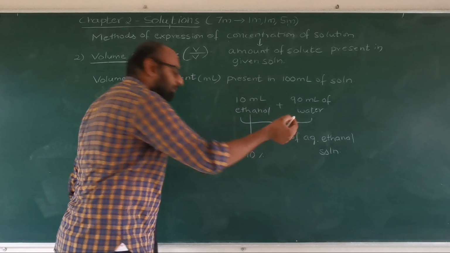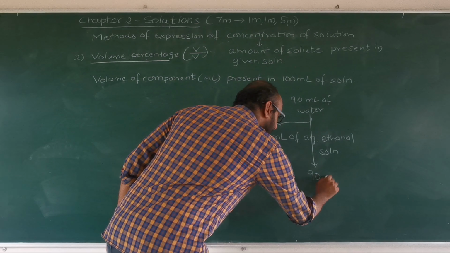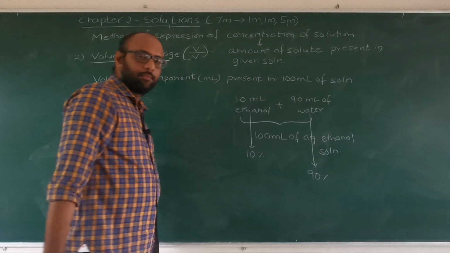Similarly, volume of solvent present in 100 ml of the solution, it is 90%. So 10 plus 90, it is 100% of the solution. Now, the formula for calculation of volume percent is very similar to the mass percent. So volume percent of, first let us see solute, is equal to, so you are taking volume here also you have to take volume.